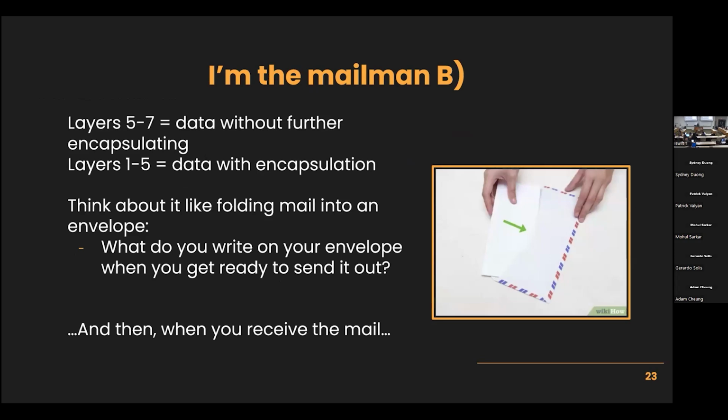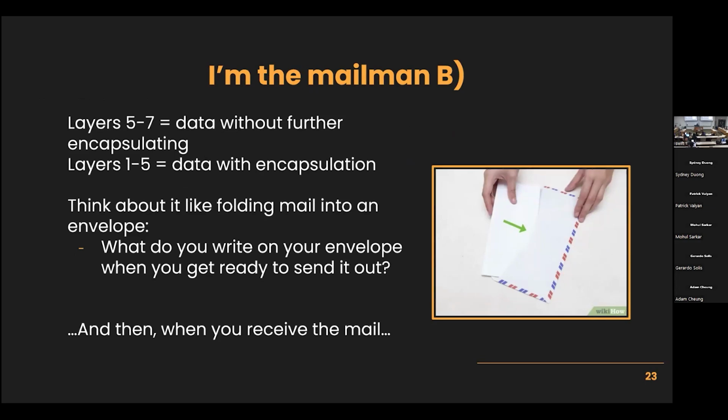Remember that layers 5 through 7 are data without further encapsulation, so we're going to go straight to layer 4. As data gets ready to be sent out, you fold your data into the envelope again. Instead of just writing an address, more specifically, we're going to fold up what's, in our context, the segment mail into a packet envelope. And then you send that out.